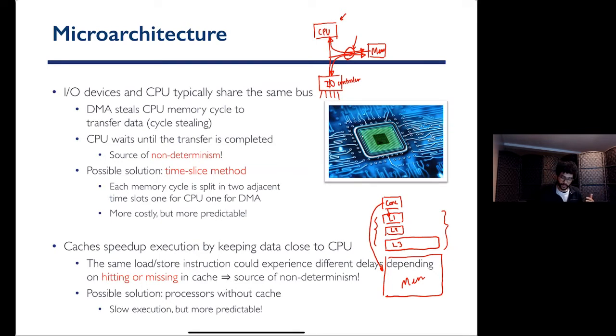And as we mentioned, predictability is essential for real-time systems. So one option is to just get rid of all caches. So have no cache. This is going to be very bad for performance, but really good for predictability, because now all your requests are going to go to memory, and that is predictable. Whereas if you have caches, then some of them are going to go to the cache, some of them are not.